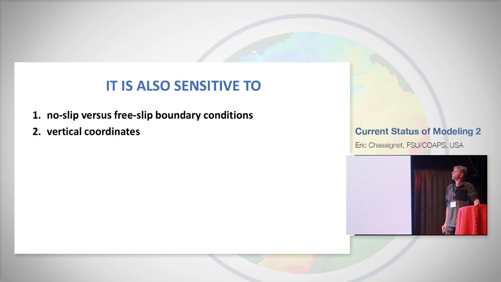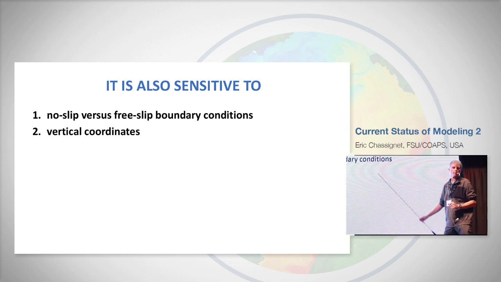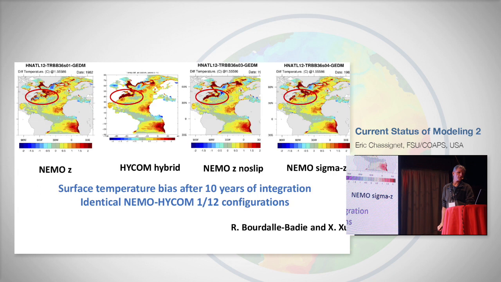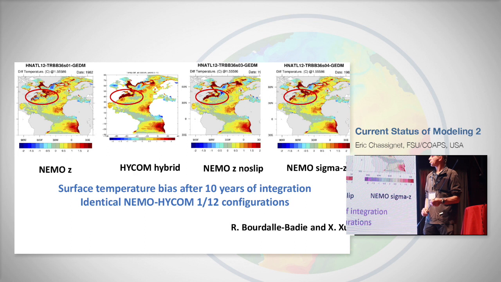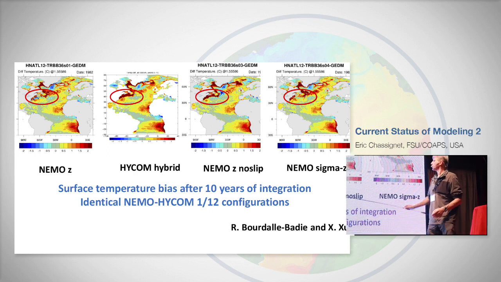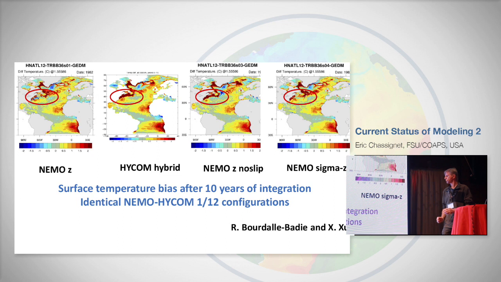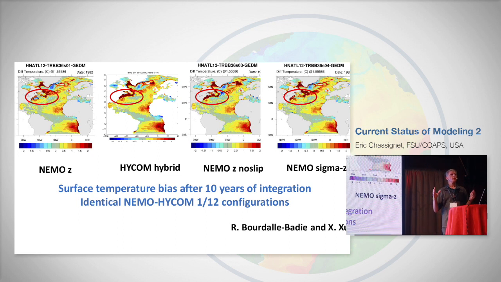Okay, so to conclude, I would like to also show some other sensitivity to no-slip versus free-slip western boundary, lateral boundary conditions, and a little bit to some of the vertical coordinates. And how did we do this? I spent a year on sabbatical in Toulouse, and therefore at Mercator, and what Romain did is take the exact same configuration that we configured HYCOM for at 1/12 of a degree.